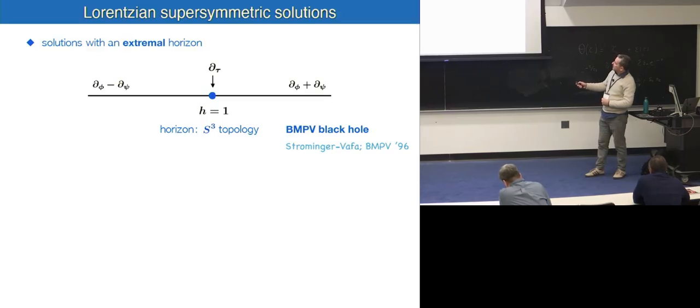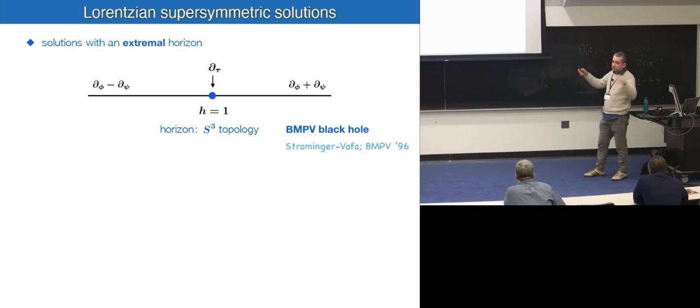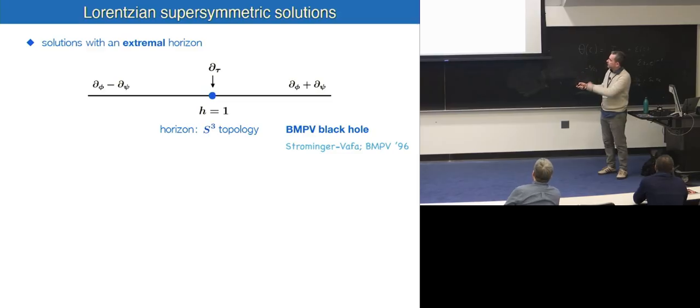So this diagram here is the representation of the BMPV black hole. There is a horizon, this vector collapses, and over these two semi-infinite intervals, the vectors that collapse are those that also collapse at infinity, so they are the U1s in the S3.